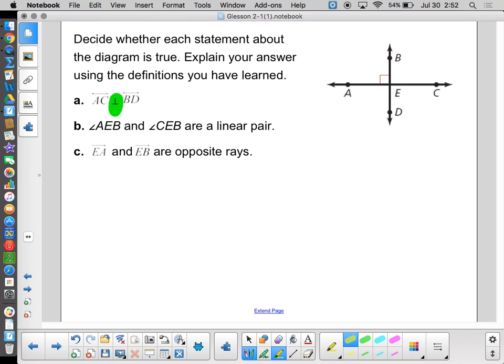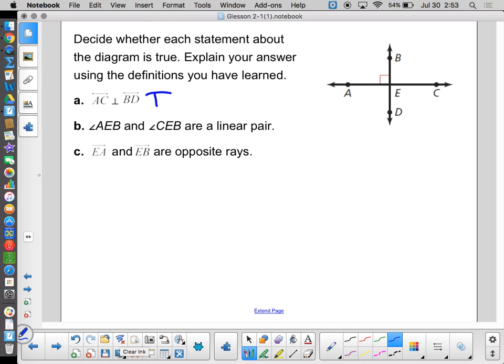So, can I conclude that AC and BD are perpendicular lines? The answer is yes, I can make that conclusion based on that little red box. If this little red box wasn't there, I would be out of luck. I could not make that conclusion. But in this case, based on what I see, that is true.